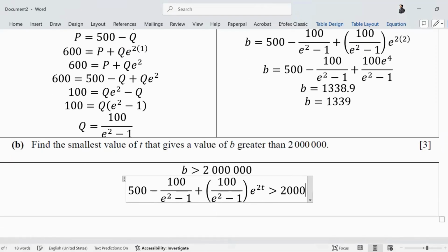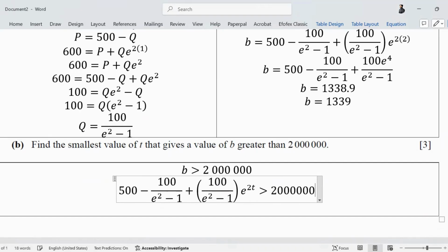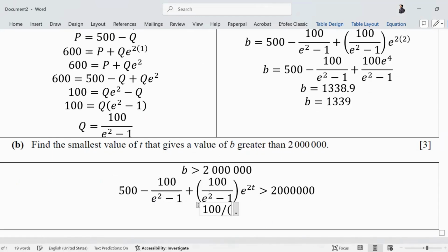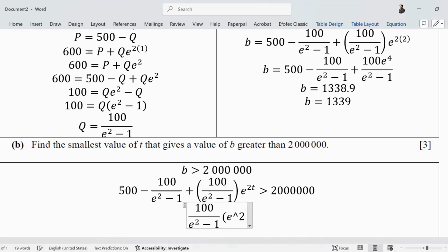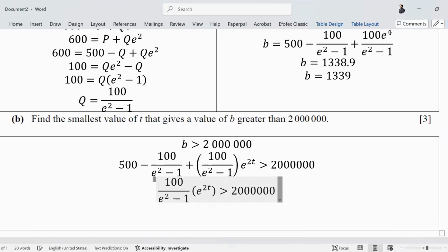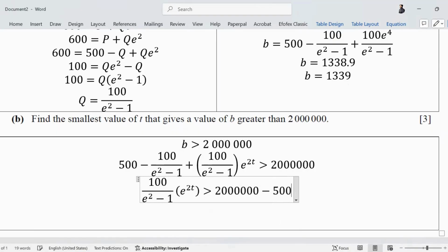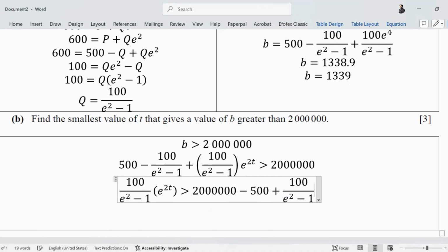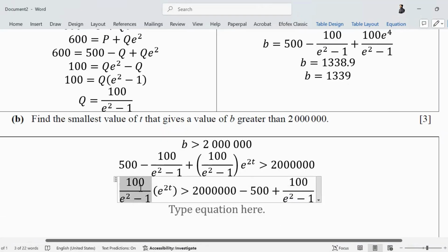And this has to be greater than 2 million. This entire value is here, 500 will go there, so it will become minus 500 and plus 100 upon e squared minus 1. Is that right? This entire value is multiplying over there. It will go on that side and it will divide.